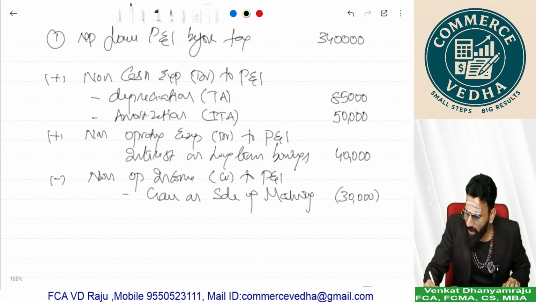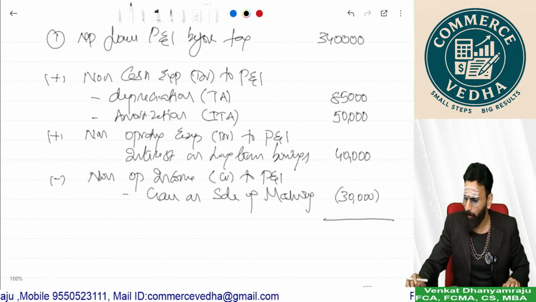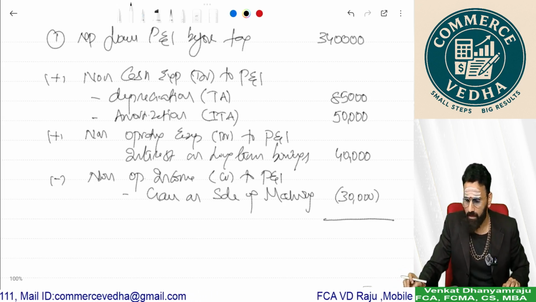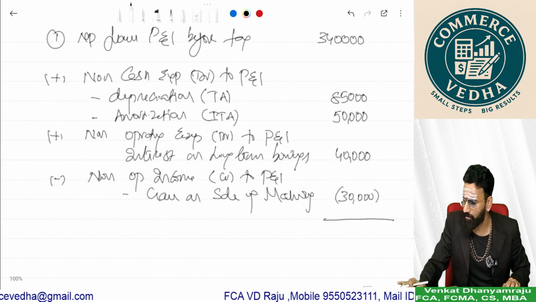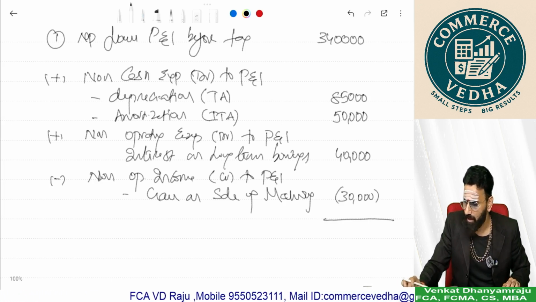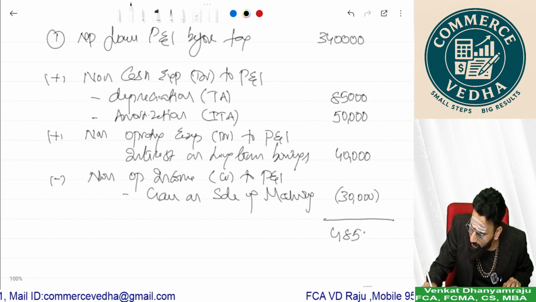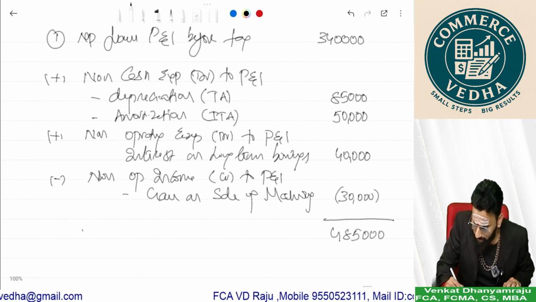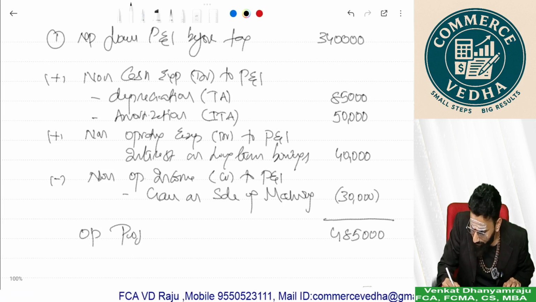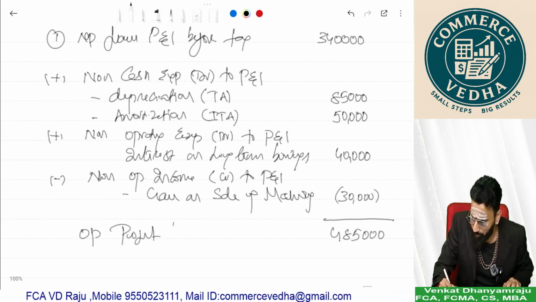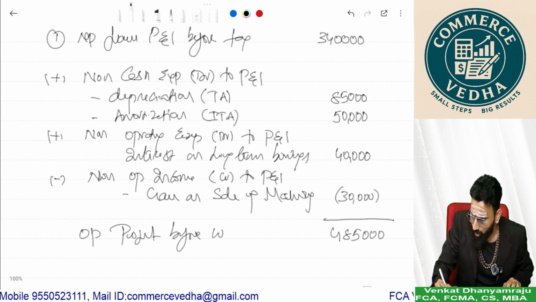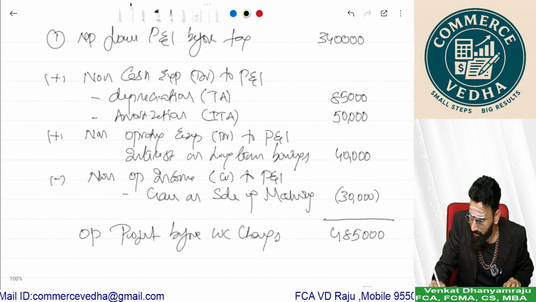So I got my operating profit: 3,40,000 plus 85,000 plus 50,000 plus 40,000 minus 30,000. My operating profit is 4,85,000. This is my operating profit before working capital changes.